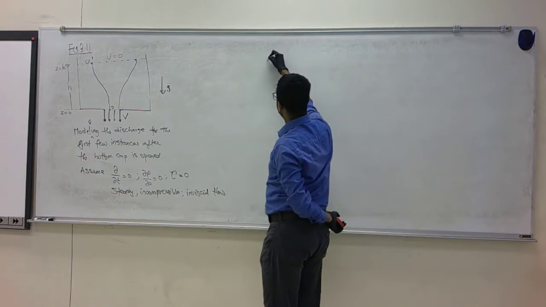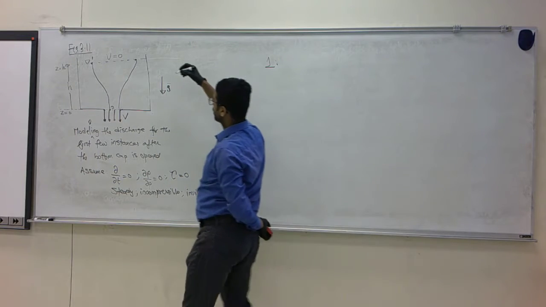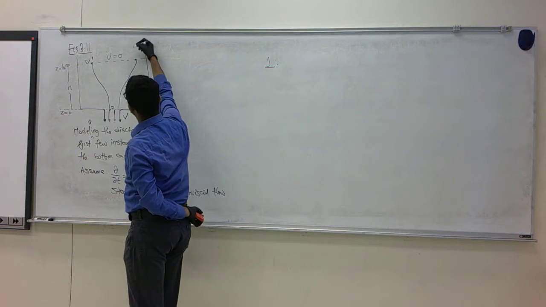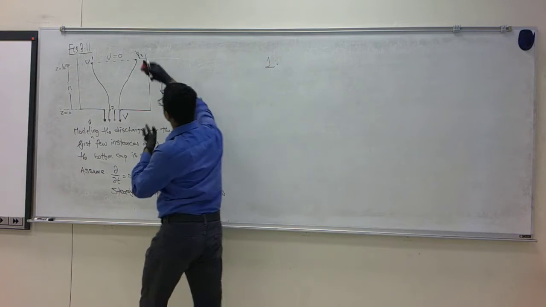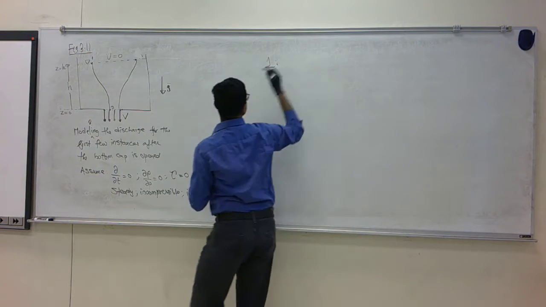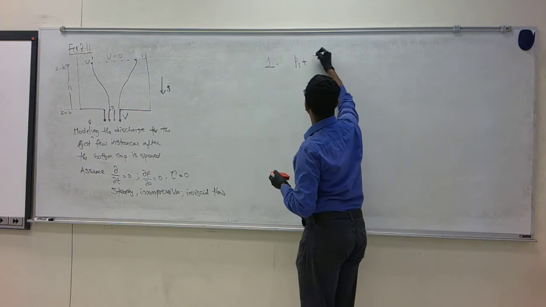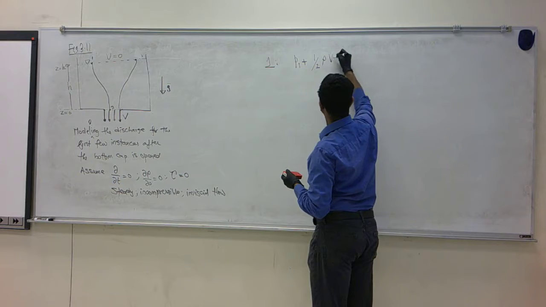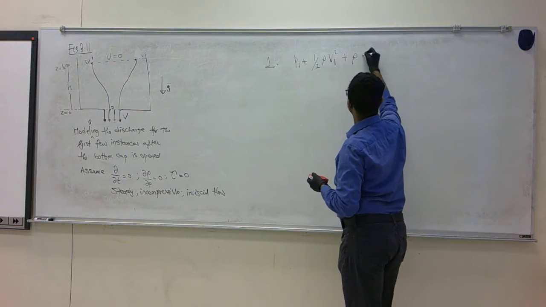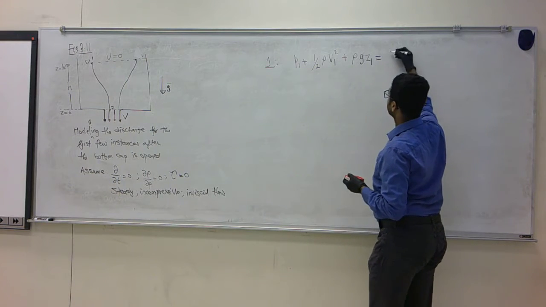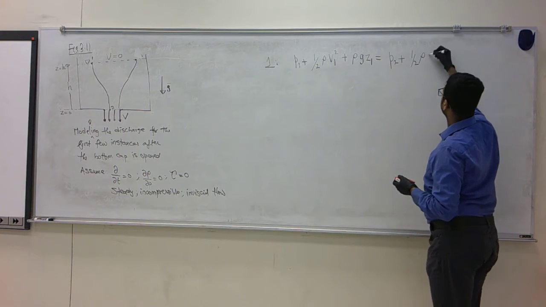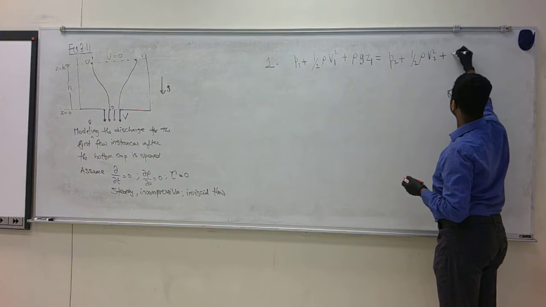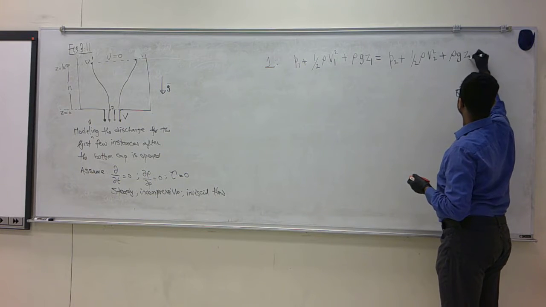So at point 1, what do I have? I'll call this pressure P1, and this pressure P2. P1 plus half rho V1 squared plus rho g Z1 equals P2 plus half rho V2 squared plus rho g Z2.